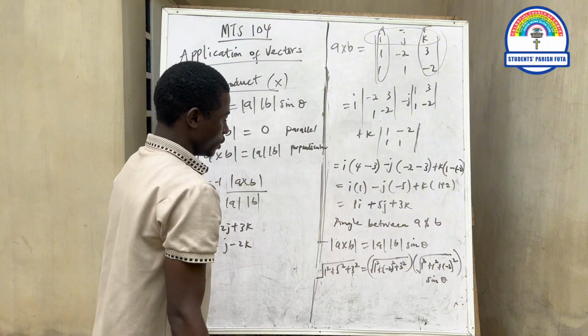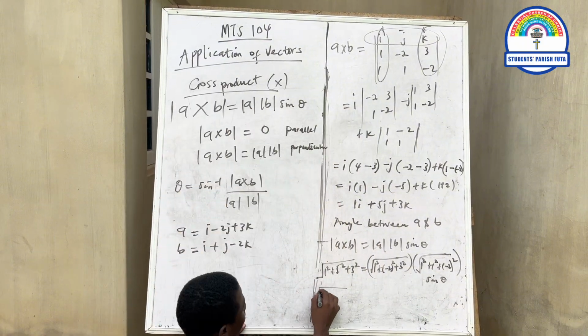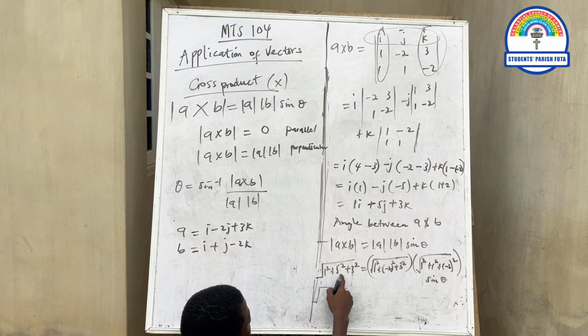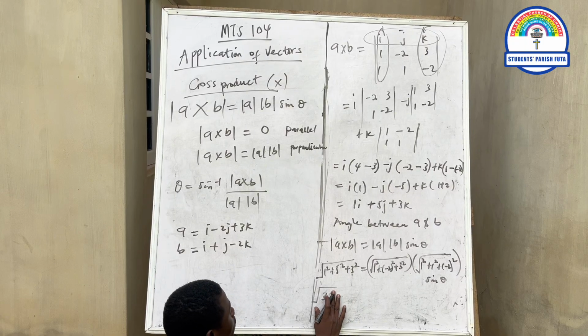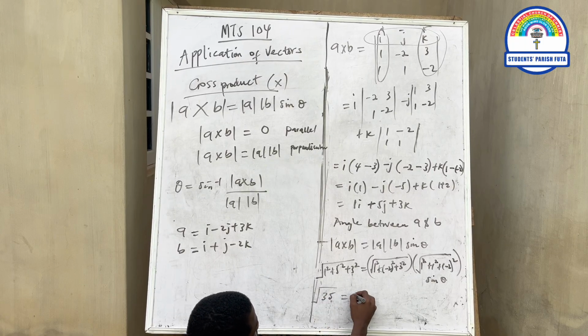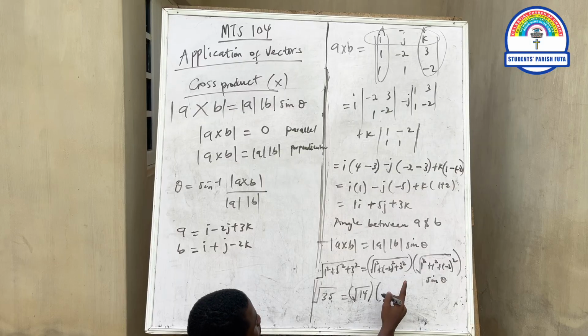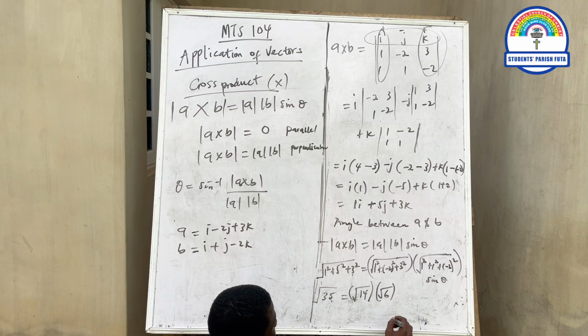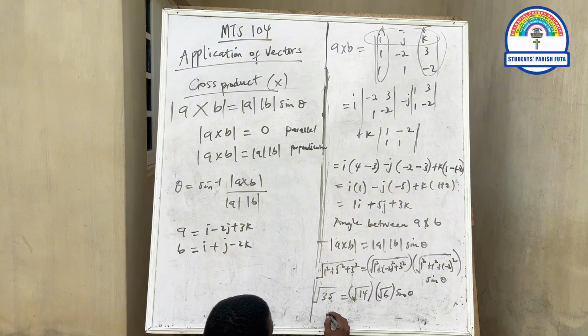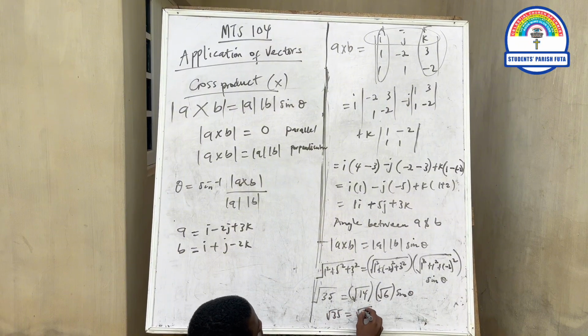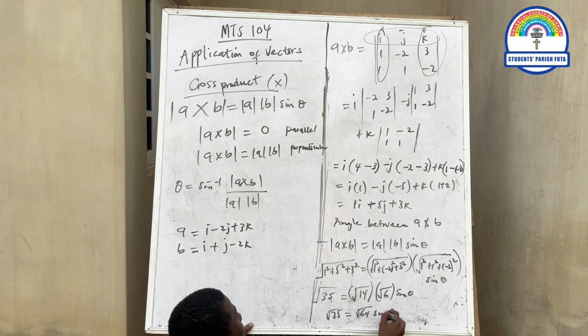So 1 plus 25 is 26, plus 9, that is 35. Then for A, square root of 1 plus 4 plus 9, that is 14. Then for B, 1 plus 1 plus 4, that is square root of 6. So here I'm having square root 35 equals square root 84 sine theta.